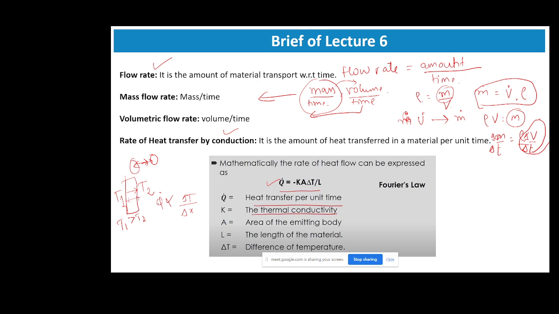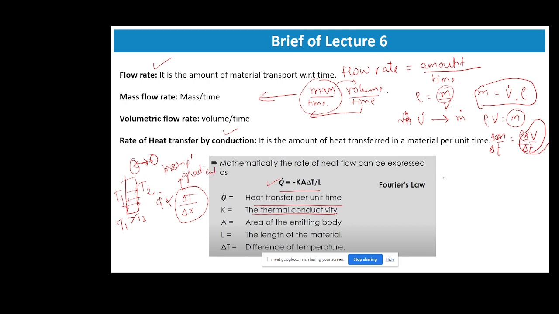So the more the distance, the lesser the amount of heat will be, or more time it will take for the heat to travel or flow. So the rate of heat flow will inversely depend on the distance between the two. This entire term is denoted as temperature gradient.